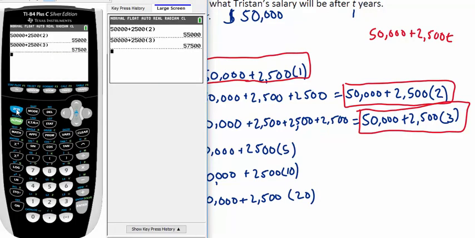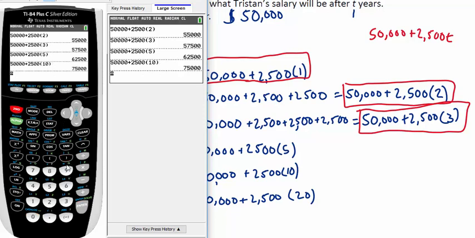So I can either press the up arrow a couple times, or I can press second enter, and I can change these numbers. I'll change the 3 to a 5. Press second enter, change the 5 to a 10. I typed over one of the parentheses, so I need to put it back.